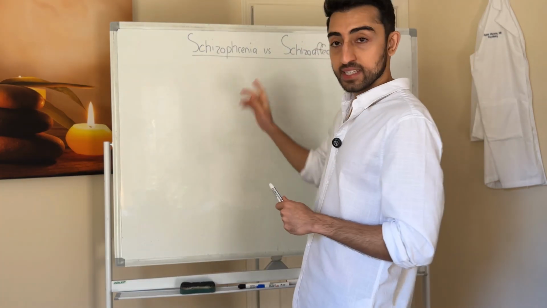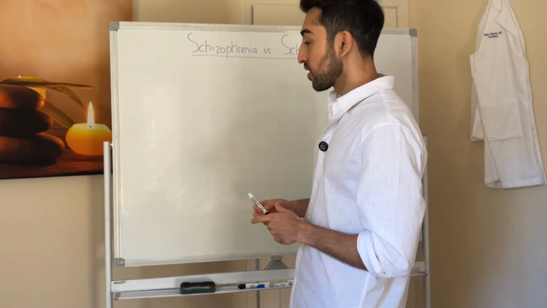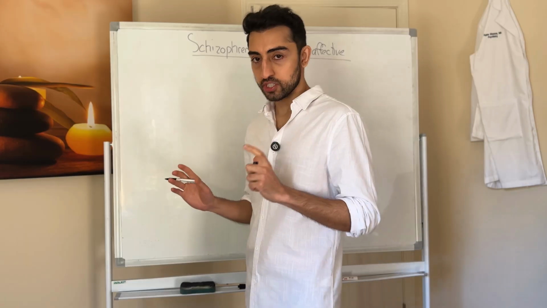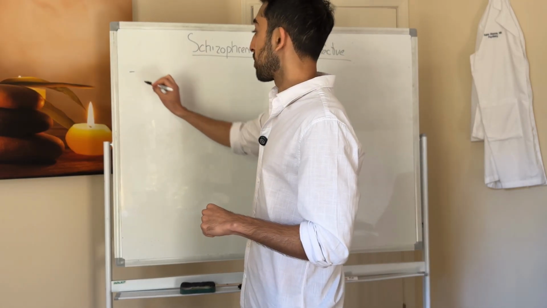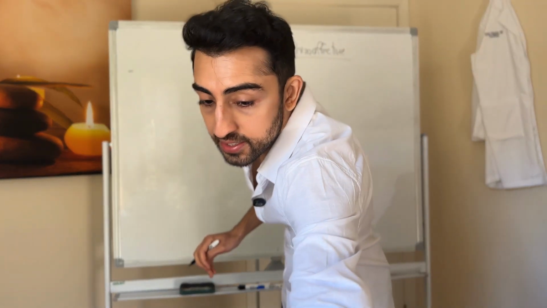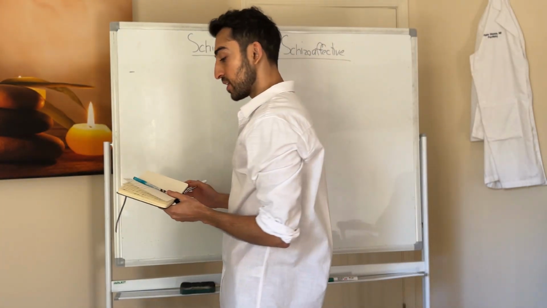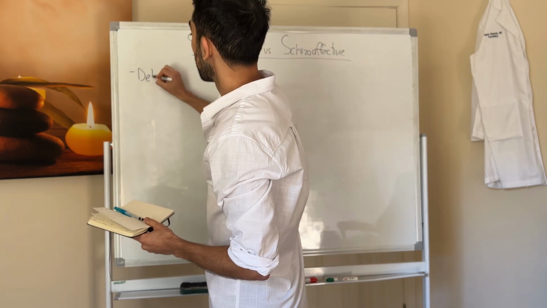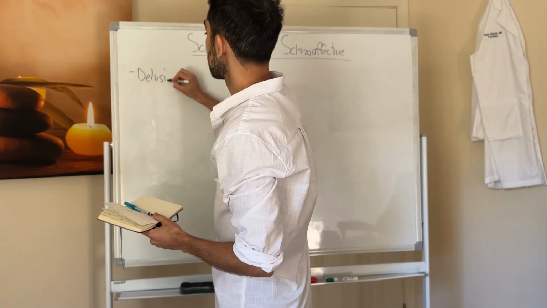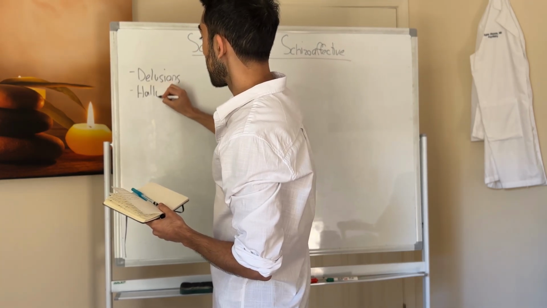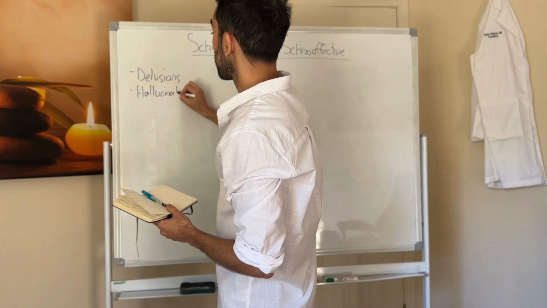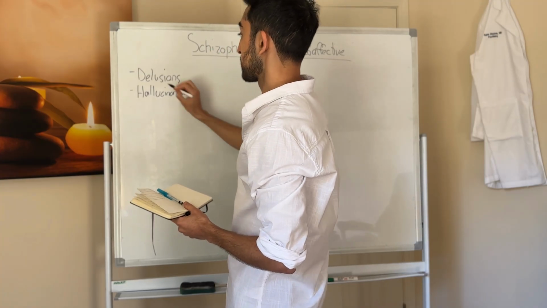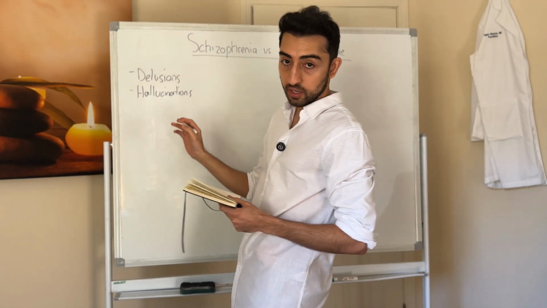So with schizophrenia, this is what I'll start with. There is a set list of diagnostic criteria where the patient must meet these symptoms. They must have two out of these five. So, delusions, hallucinations, and one of those symptoms has to be one of these, the delusions or the hallucinations.